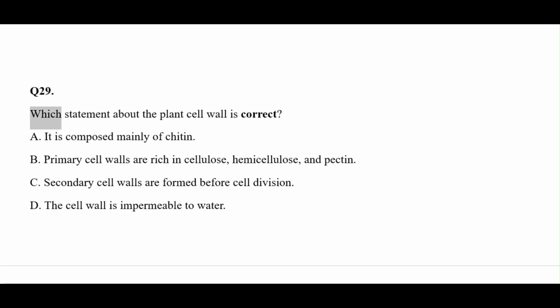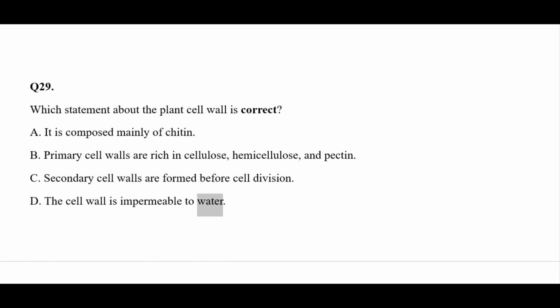Q29. Which statement about the plant cell wall is correct? A. It is composed mainly of chitin. B. Primary cell walls are rich in cellulose, hemicellulose, and pectin. C. Secondary cell walls are formed before cell division. D. The cell wall is impermeable to water.